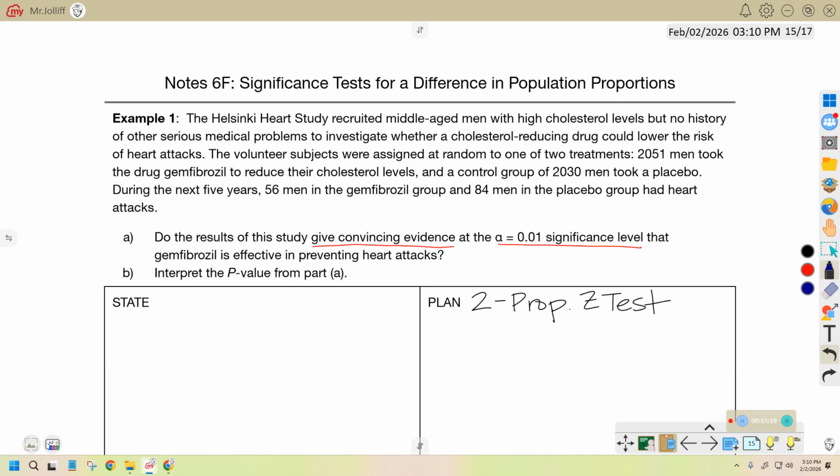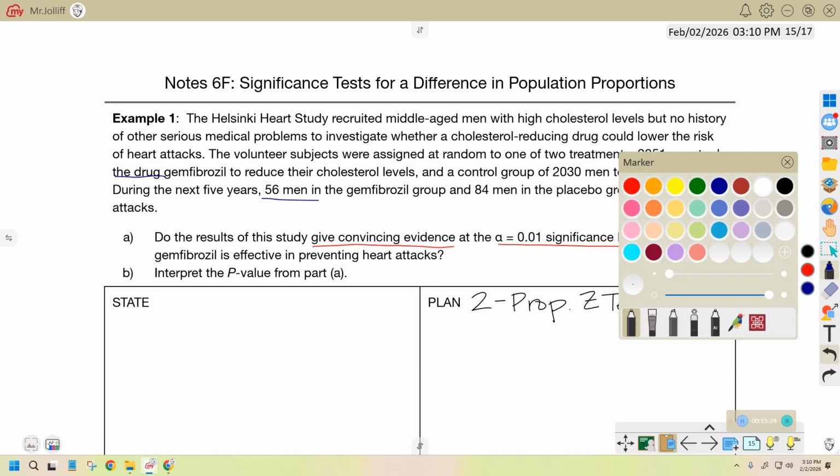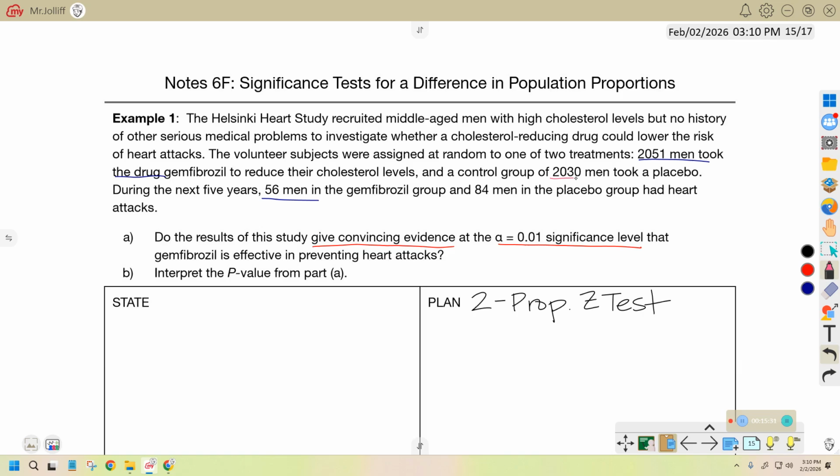So there's 2,051 men who took the drug, and 56 of them had a heart attack. And then there were 2,030 men who took a placebo, and 84 of them had a heart attack. So they're giving me a number of successes in a sample size, which screams proportion, and they gave me two sets. One for a treatment, one for a placebo. So two proportions.